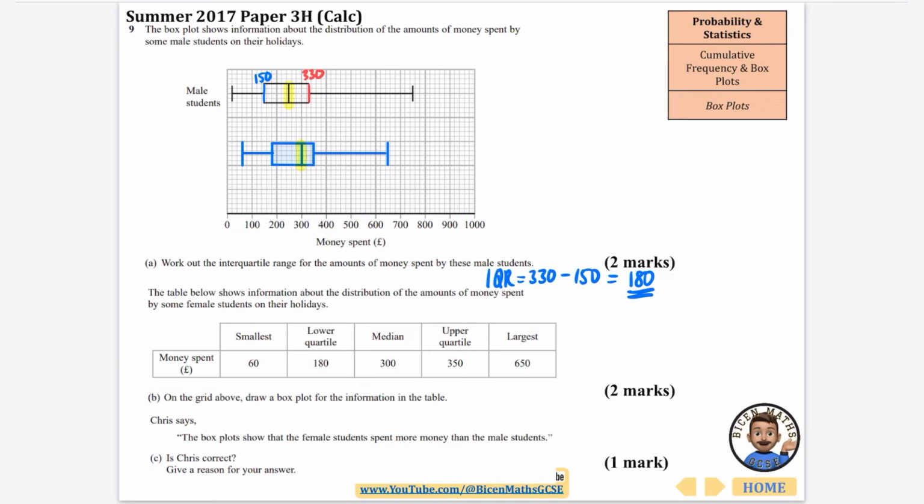We are going to say yes, the median for females is higher than for males. And we can just show that because we know the median is 300 versus 250. So 300 is greater than 250.